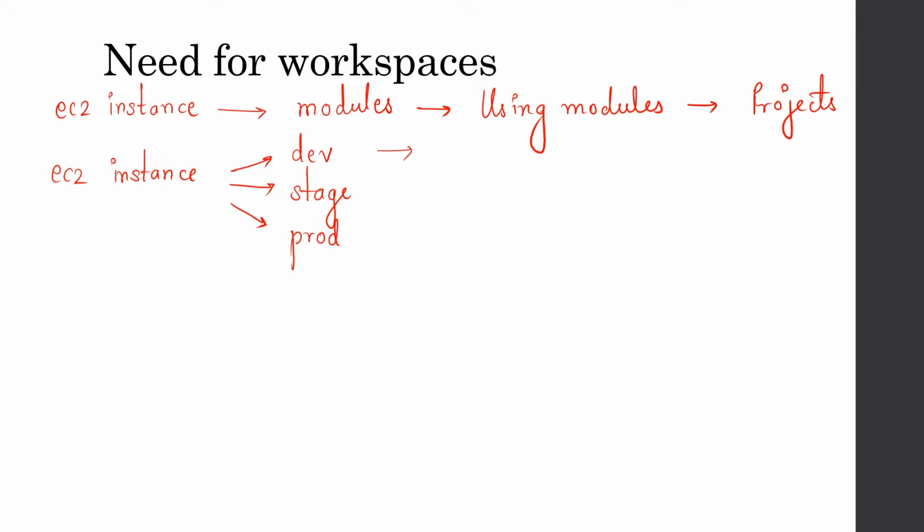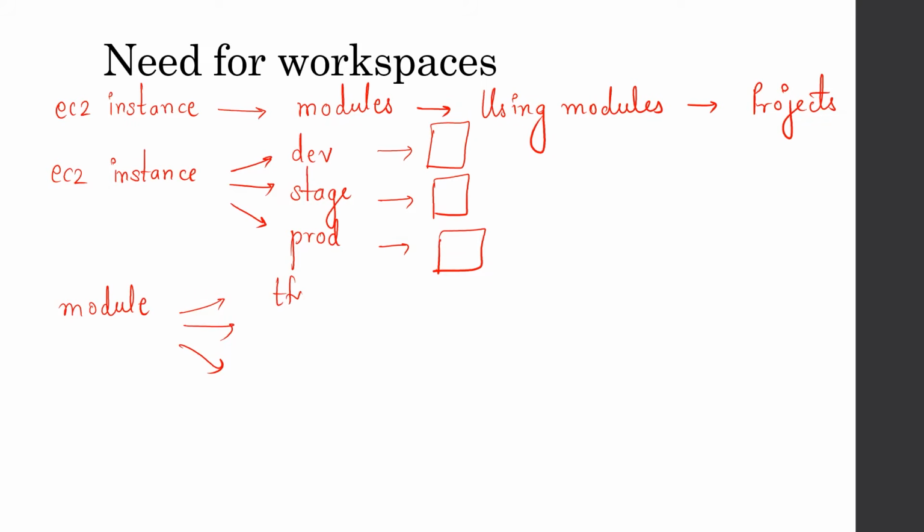So instead of simply creating different code for each of these environments, you think of creating a module and using multiple tfvars files. For dev, you can say dev.tfvars. For stage, you can say stage.tfvars.